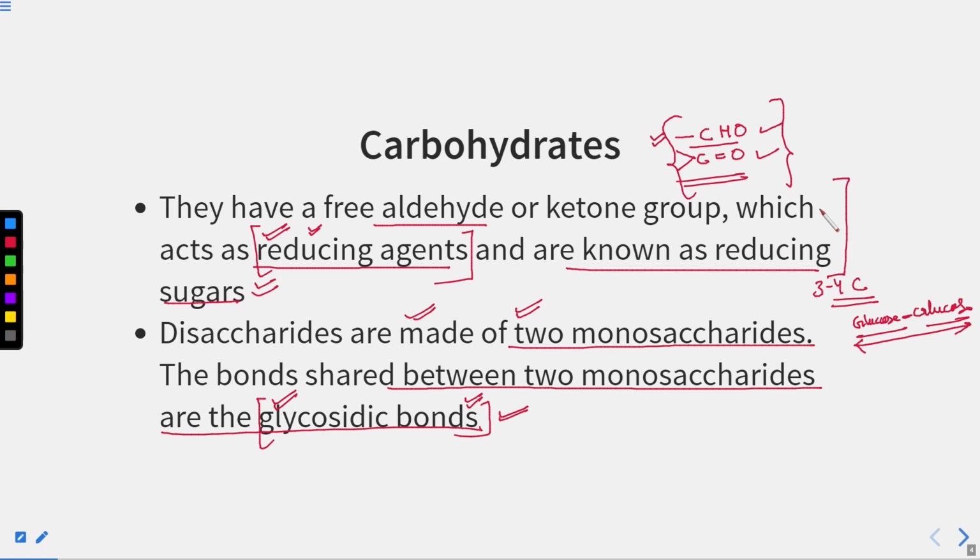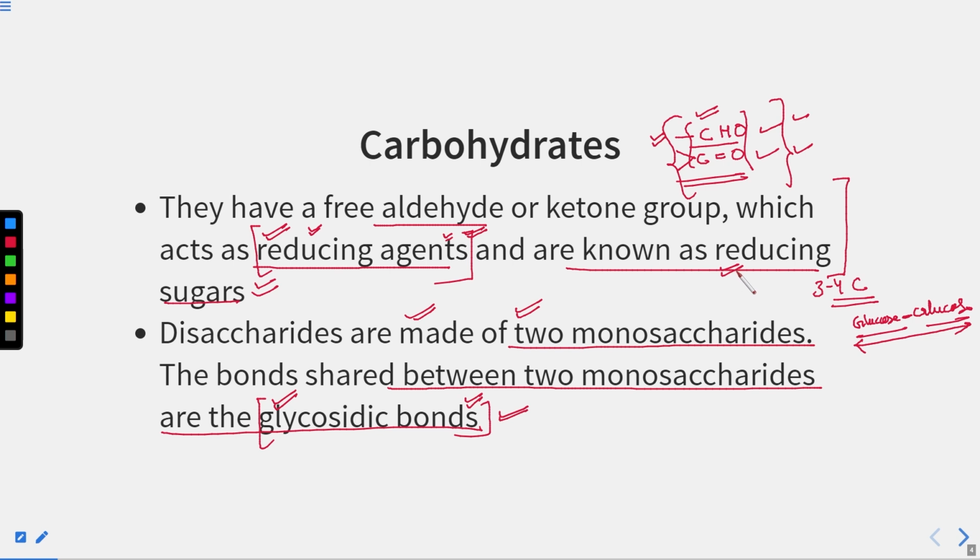The groups CHO and C double bond O, that is the aldehyde and the ketone group, are considered reducing agents. When these functional groups are present in a carbohydrate, they make that carbohydrate a reducing agent, and that sugar is known as a reducing sugar, right?